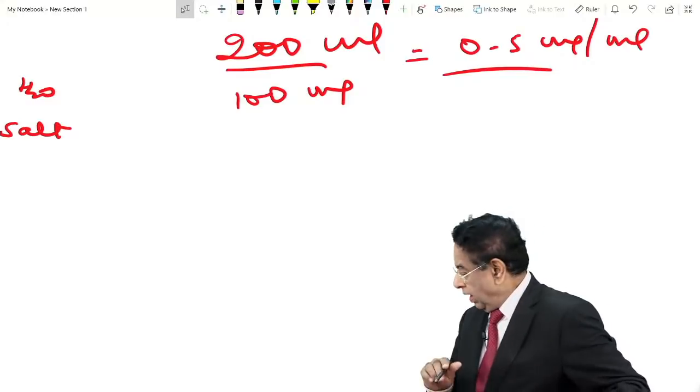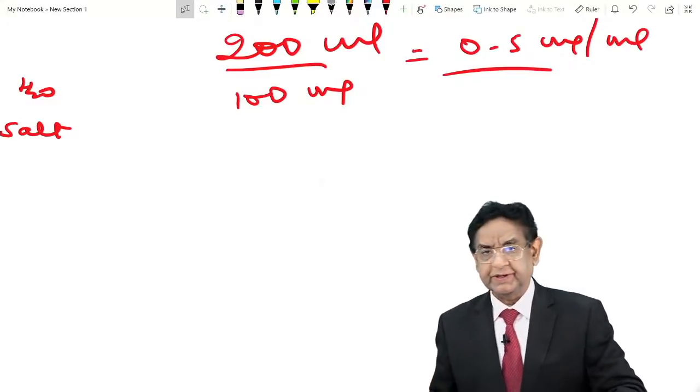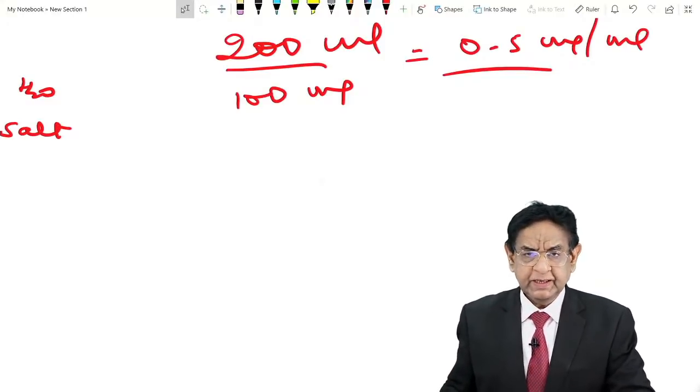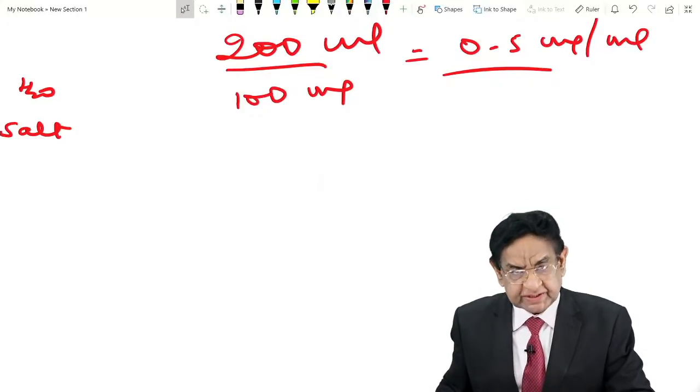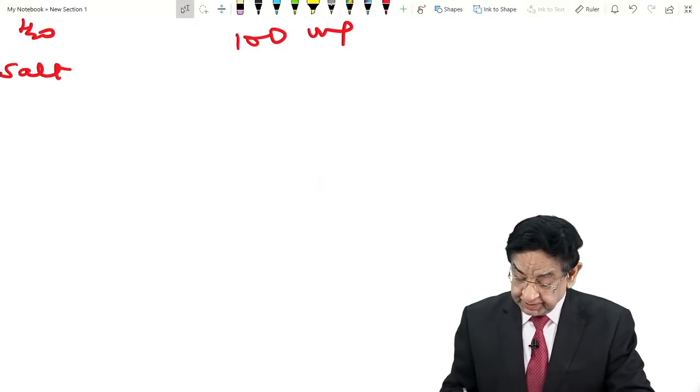Now, let me discuss some basic physiology also. This is the nephron.